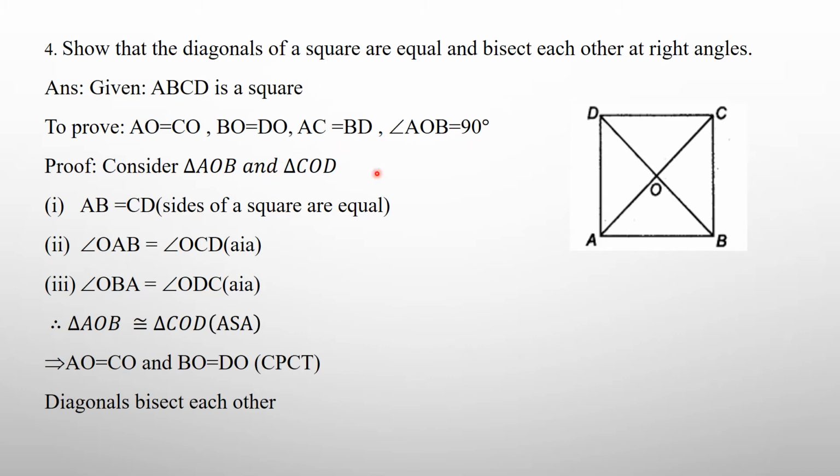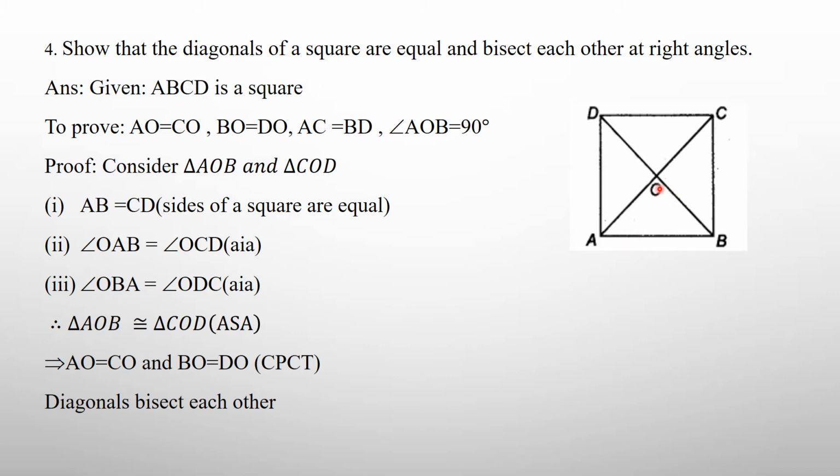For proving the diagonals bisect each other, let us take the triangles AOB and COD. We have AB is equal to CD since all the sides of a square are equal. Second condition we can write angle OAB is equal to angle OCD. Alternate interior angles are equal.